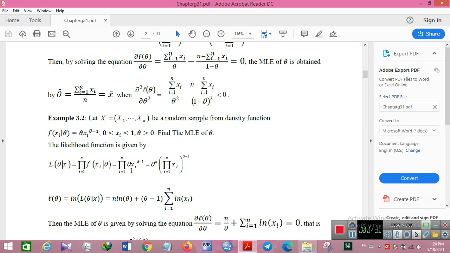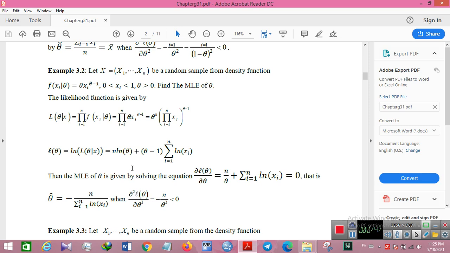To find the MLE of theta, the likelihood function is given by that one, and the log likelihood is given by this equation.